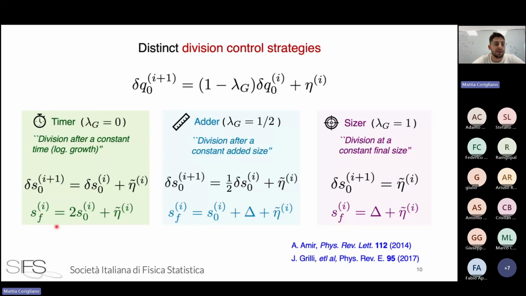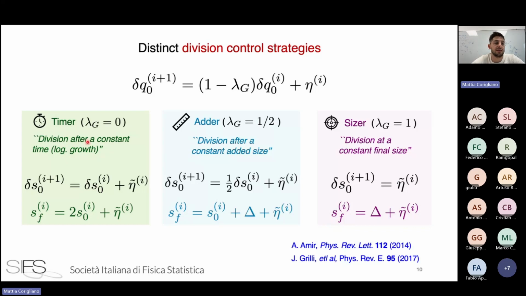You can see that the final size would just be twice the initial size, irrespective of the initial size. So if the growth rate is constant, this is called a timer because it is equivalent to dividing after a constant time, basically the time you need to duplicate your initial size.